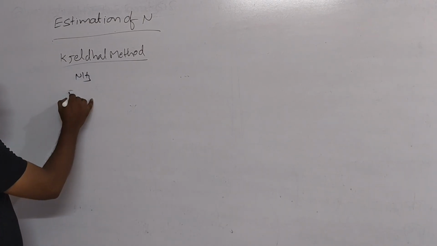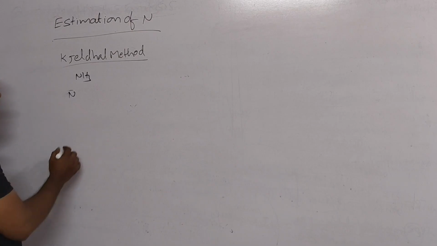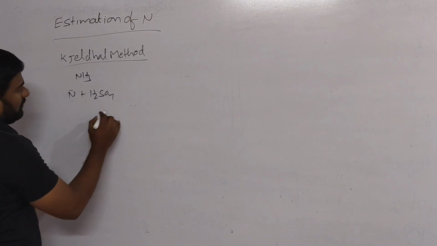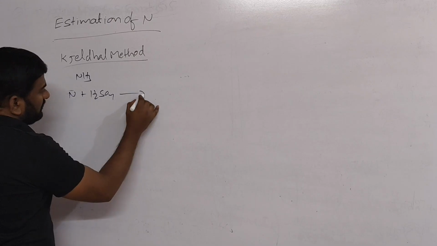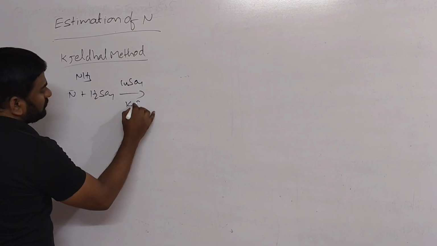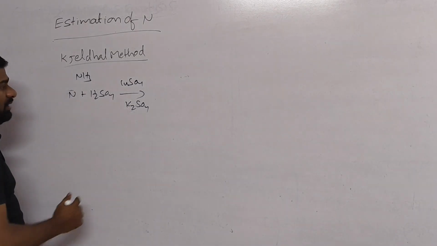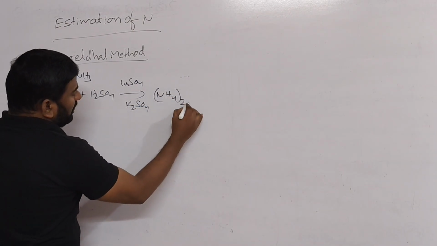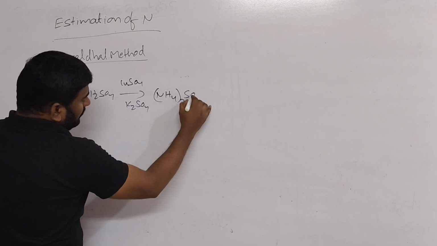The organic compound containing nitrogen is heated with H2SO4 in the presence of CuSO4 and K2SO4. The nitrogen present in the organic compound is converted into ammonium sulfate. This ammonium sulfate on distillation with NaOH gives Na2SO4 plus NH3 plus H2O. So here we get NH3.